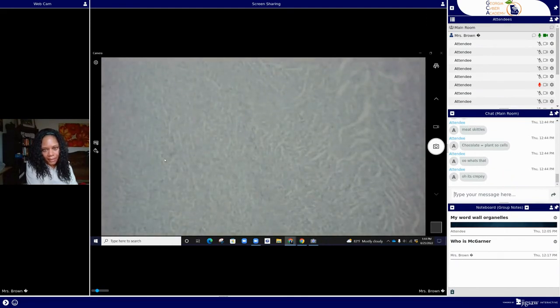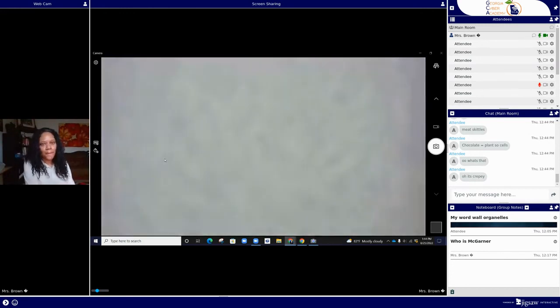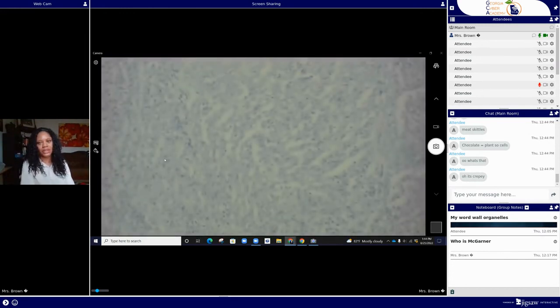These are dog heart muscle cells. You have three types of muscles in the body: skeletal, smooth, and cardiac. So you have three types of muscles, and they all kind of look a little different.